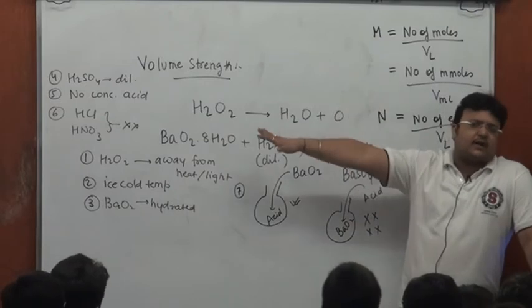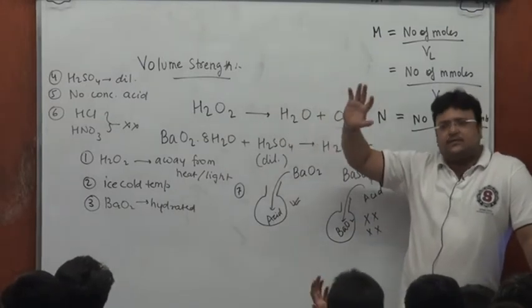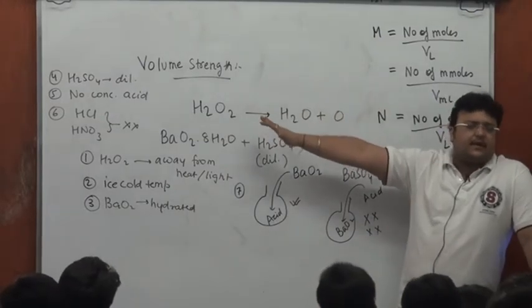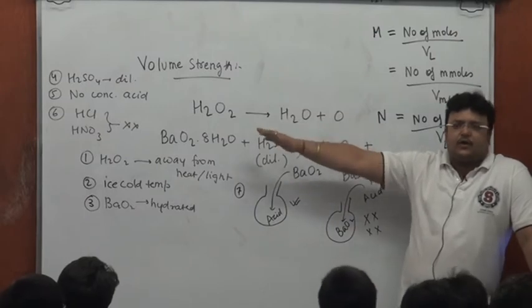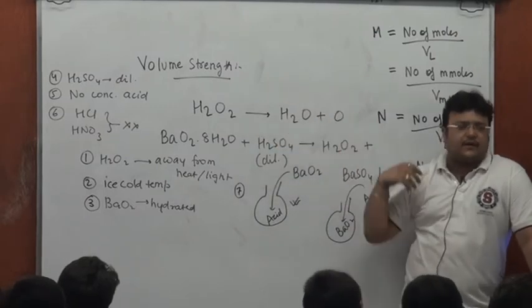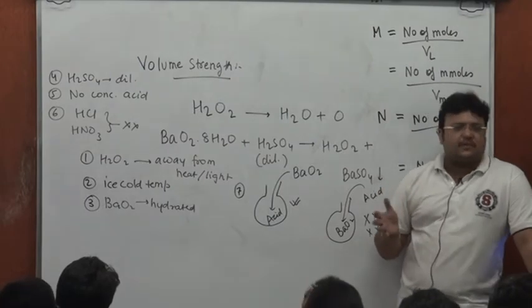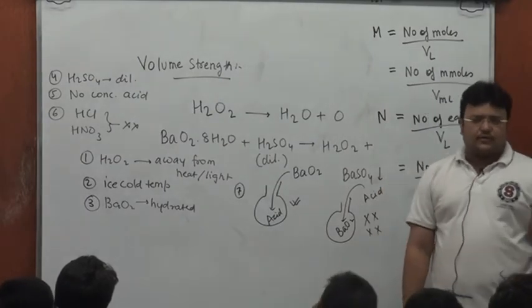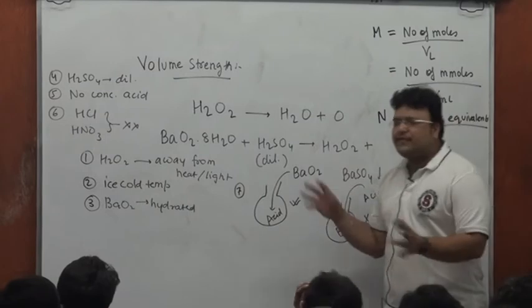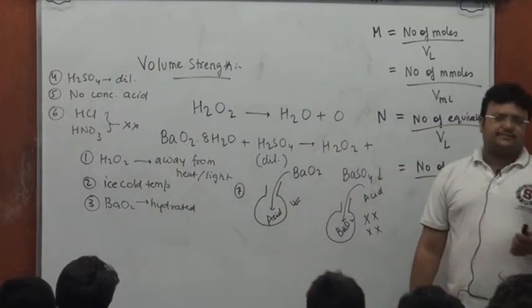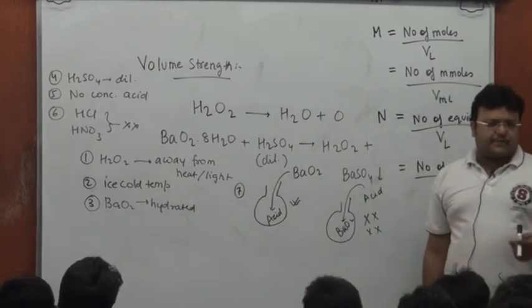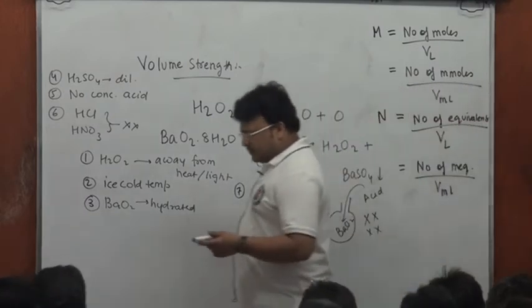I repeat, H2O2 containing a peroxo bond is going to be pretty unstable and would readily dissociate to water plus oxygen. This reaction would occur very readily at a temperature much below the boiling point of H2O2. Over a period of time, all of H2O2 is supposed to get dissociated, decomposed this way.